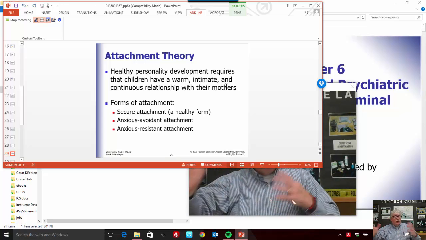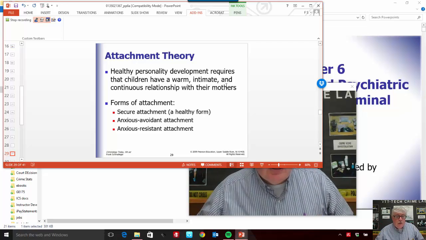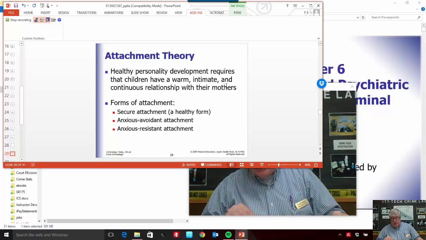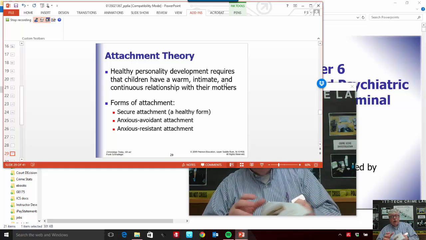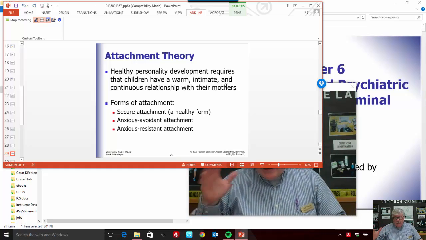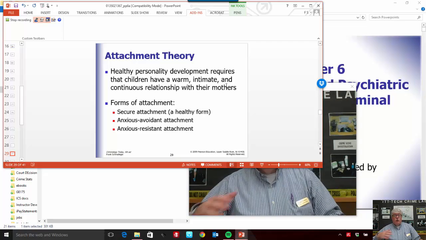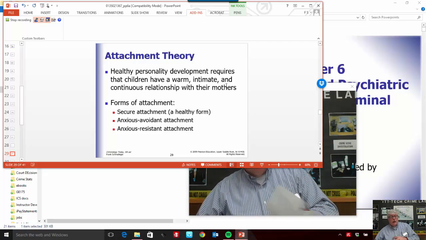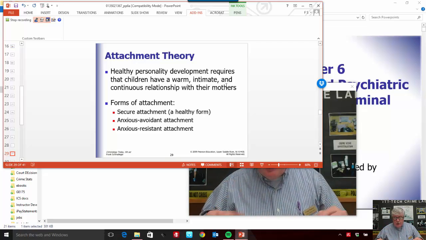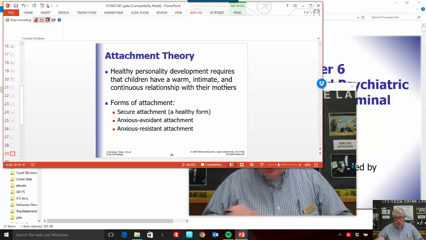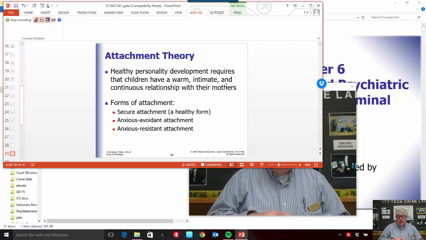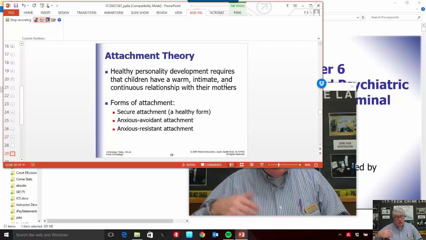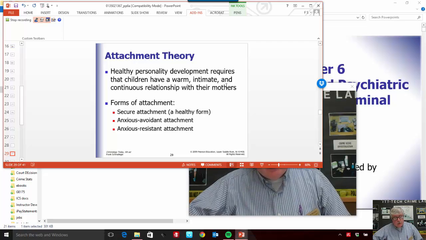But two that possibly lead to crime are anxious avoidant attachment and anxious resistant attachment, where we did not have good relationships, either because maybe we lost a parent at an early age, maybe we were molested, something happened in our early years where we did not form this strong attachment to significant people in our lives.